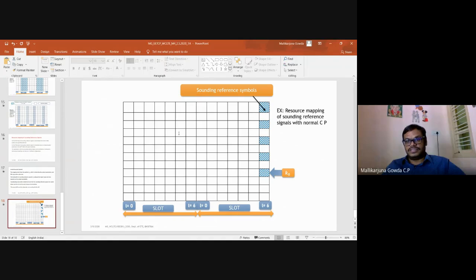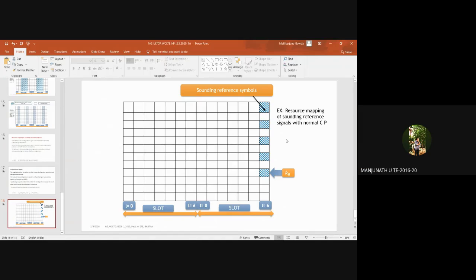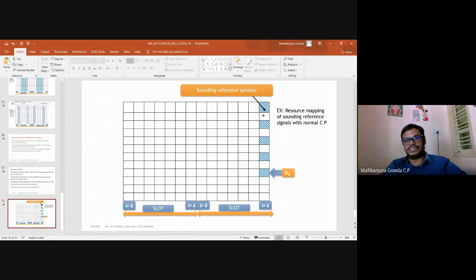I have shown this sounding reference symbol in the second slot, the last one, and it repeats the same at L equal to 6. In one subframe there are two slots, but the sounding reference symbols will be using only one slot, not two.